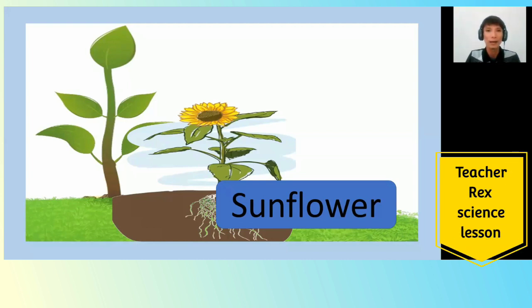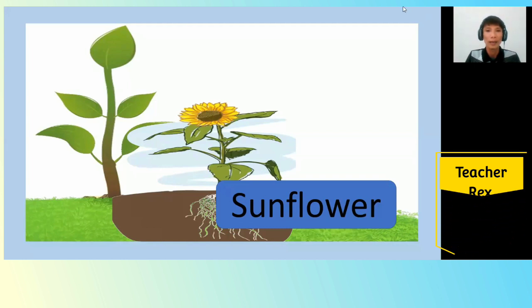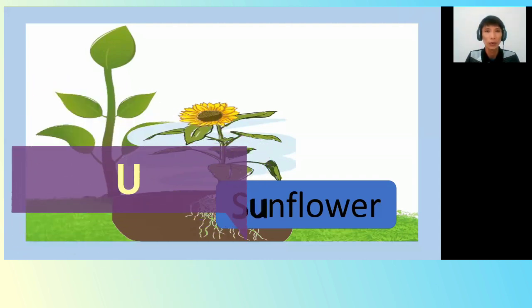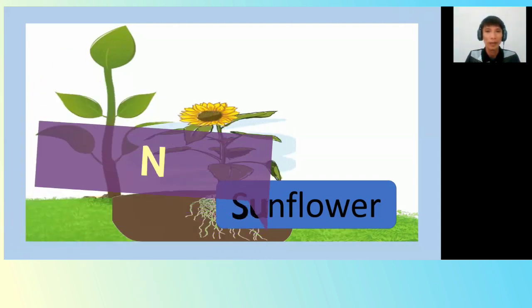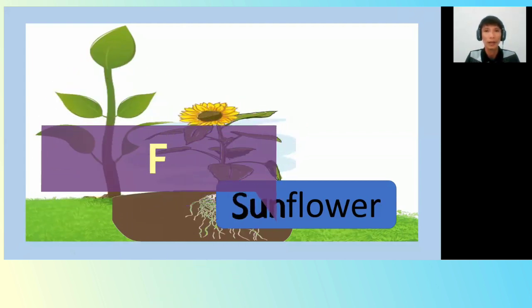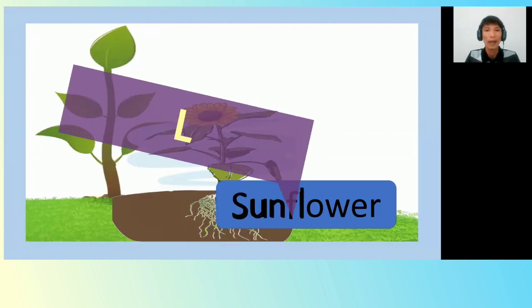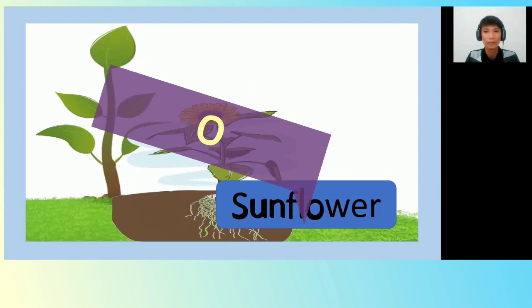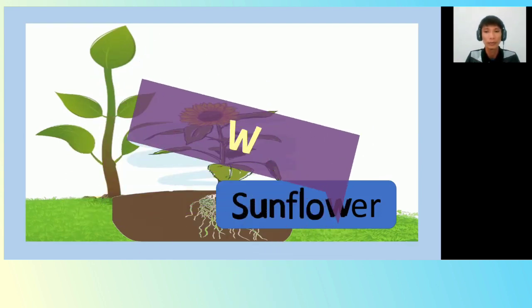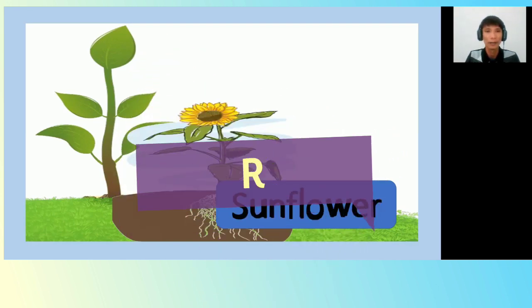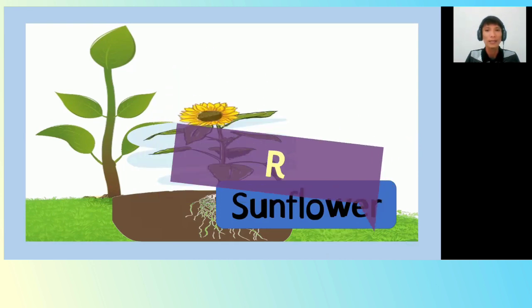It begins with letter S, next U, next letter N, next F, L, O, W, E, R. Okay, that is sunflower.